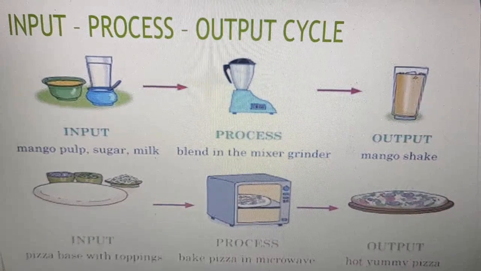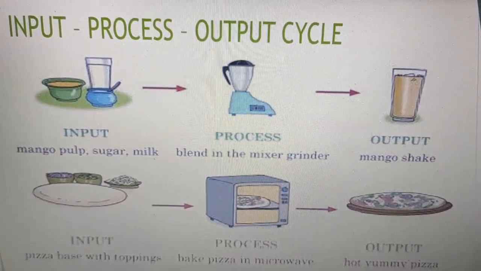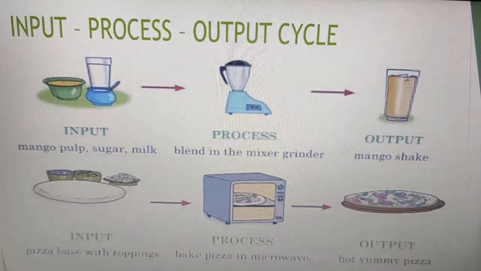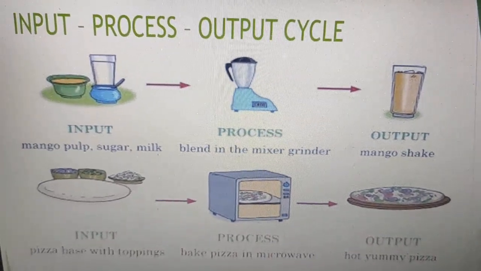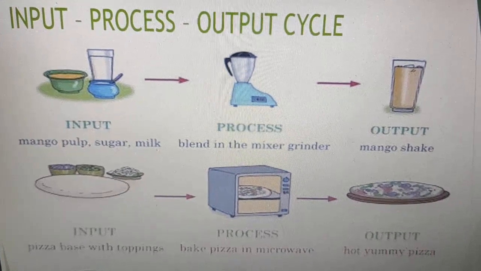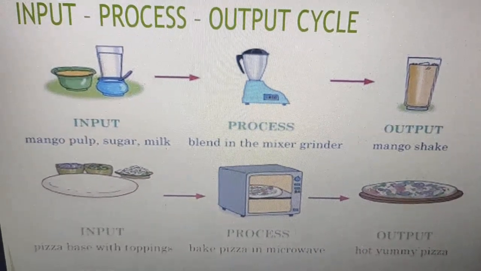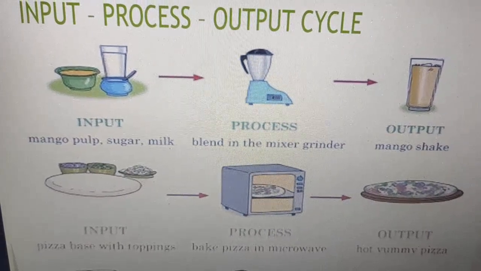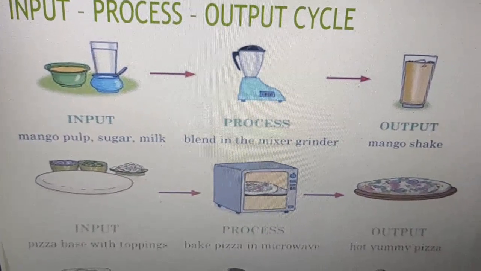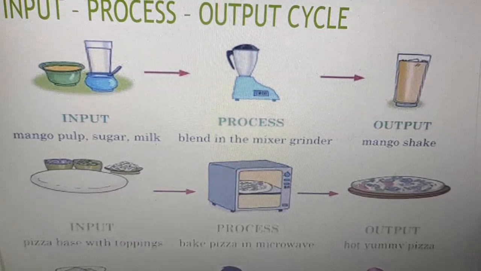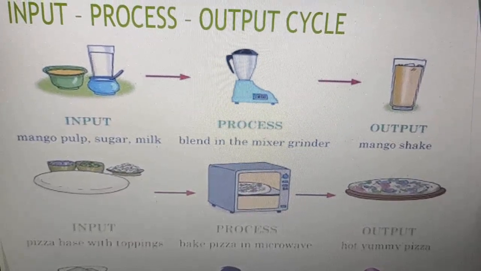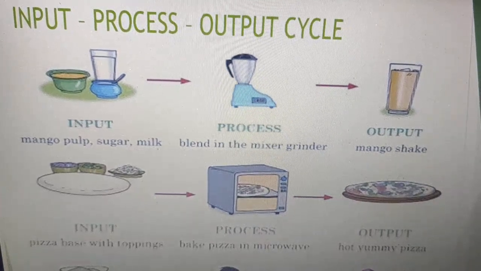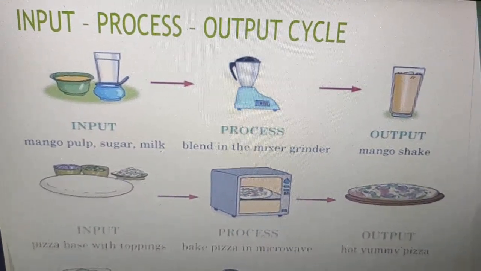When you are hungry and you want to eat some spicy or delicious food, would you like to have pizza? So what will be the process to make the pizza? Firstly, we have to have a pizza base with toppings. Then to bake the pizza, what will we use? We will use a microwave. Yes. So when we are baking the pizza in the microwave, that is called the process.